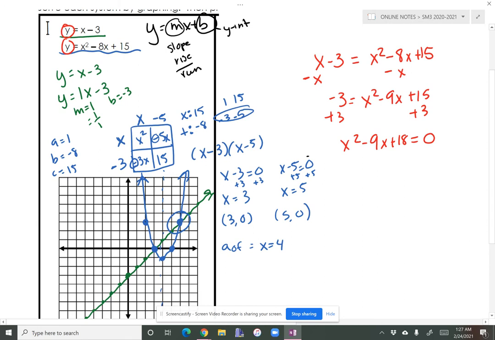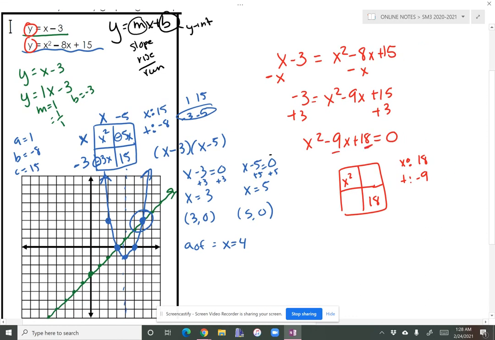Okay. And just like we did over here to find our x-intercepts to solve, we're also going to do that. And we're going to factor it. Okay. And we're going to factor it by putting the first one in the first box, the last one in the last box, and I'm looking for numbers that multiply to 18 and add to negative 9, because last term, middle term.